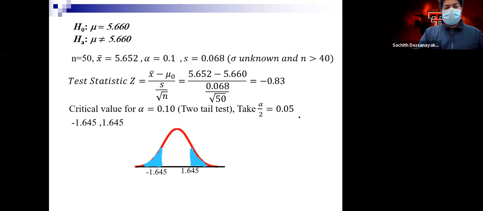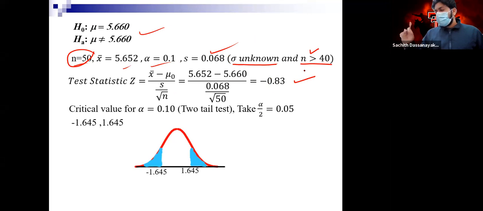Same case here. S is given, sigma is unknown, but n is greater than 40, n is 50, so this is true. Calculate the C calculated, or test statistic, the C statistic.